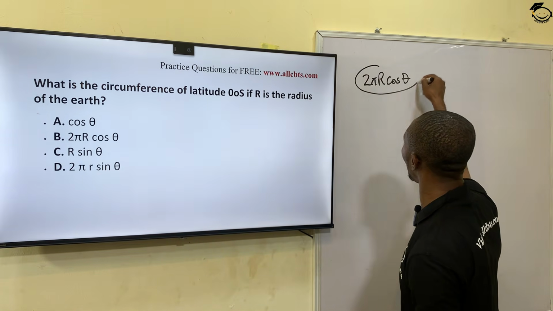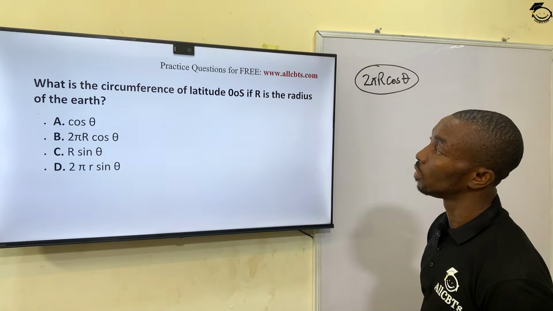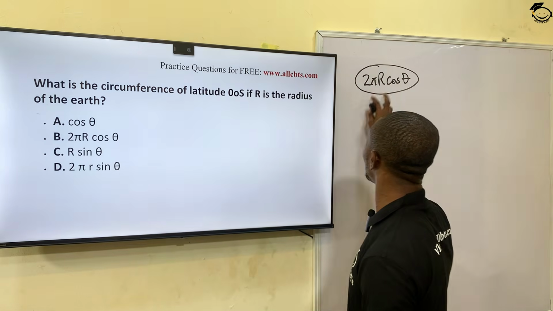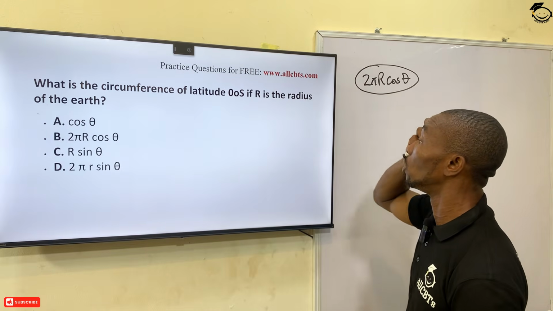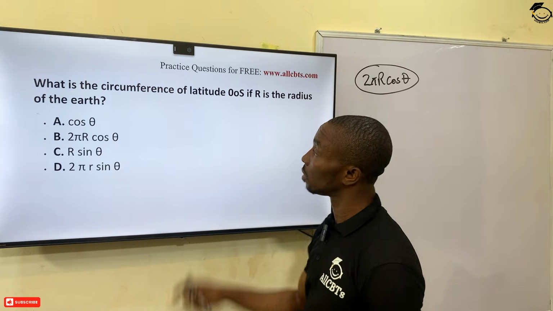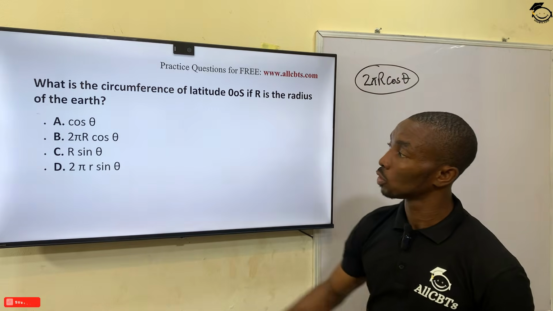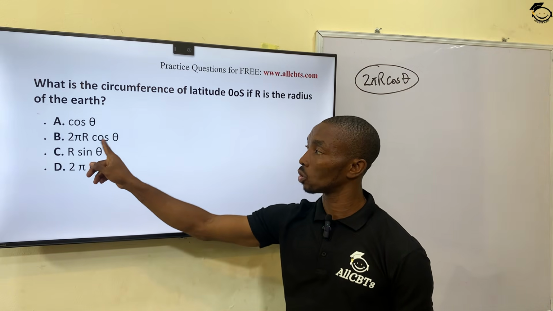So we'll be using this formula to calculate the circumference of any latitude. All right, so this is the formula for calculating the circumference of latitude on our globe. So our answer will be 2 pi r cos theta.